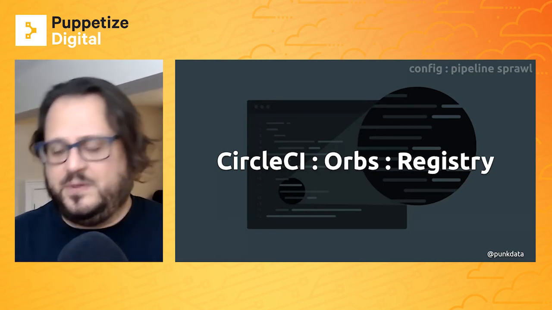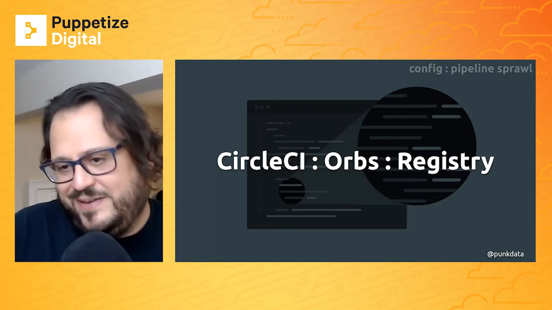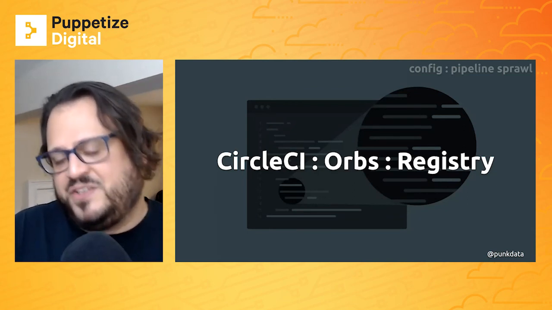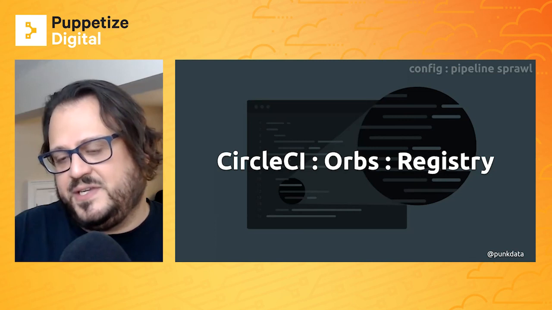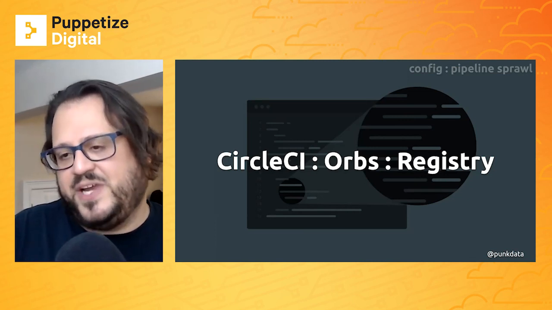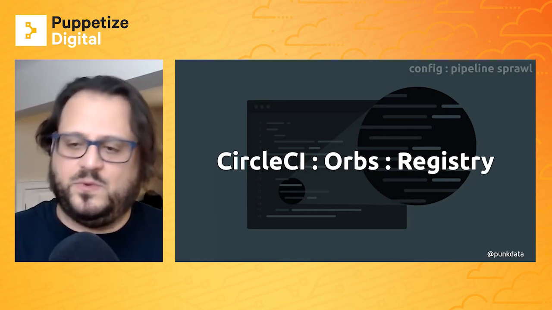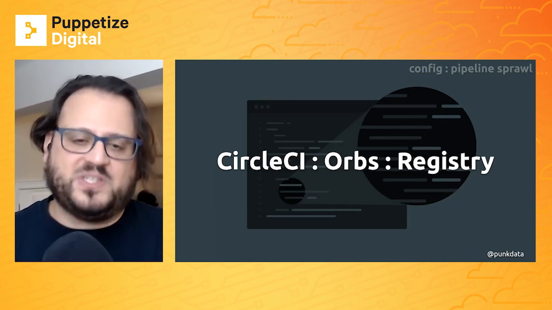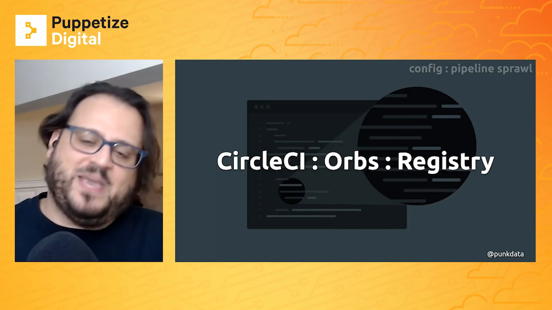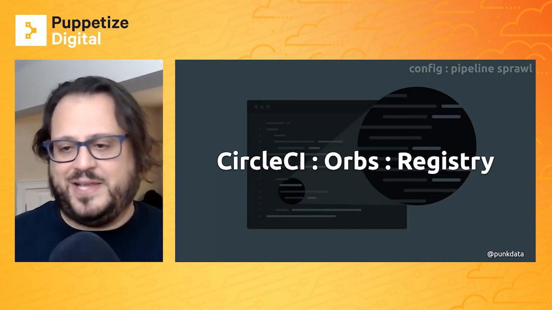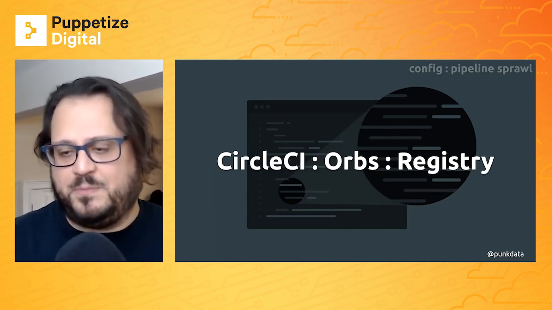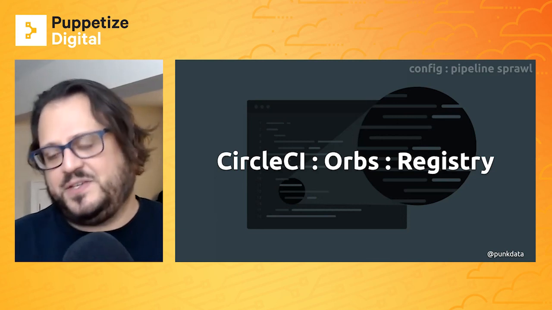So when folks are building orbs, which are, again, repeatable modular pieces of CircleCI CI/CD configuration, those things are managed in a central location, which is what we call the registry. And it's almost like NPM package management or Docker Hub, where everything's stored online in these repositories. We have the same thing at CircleCI.